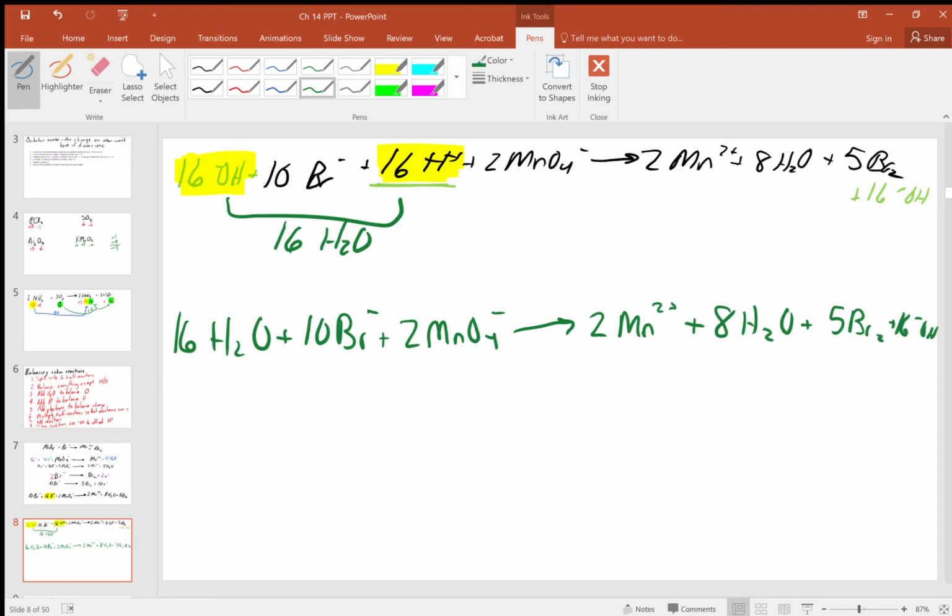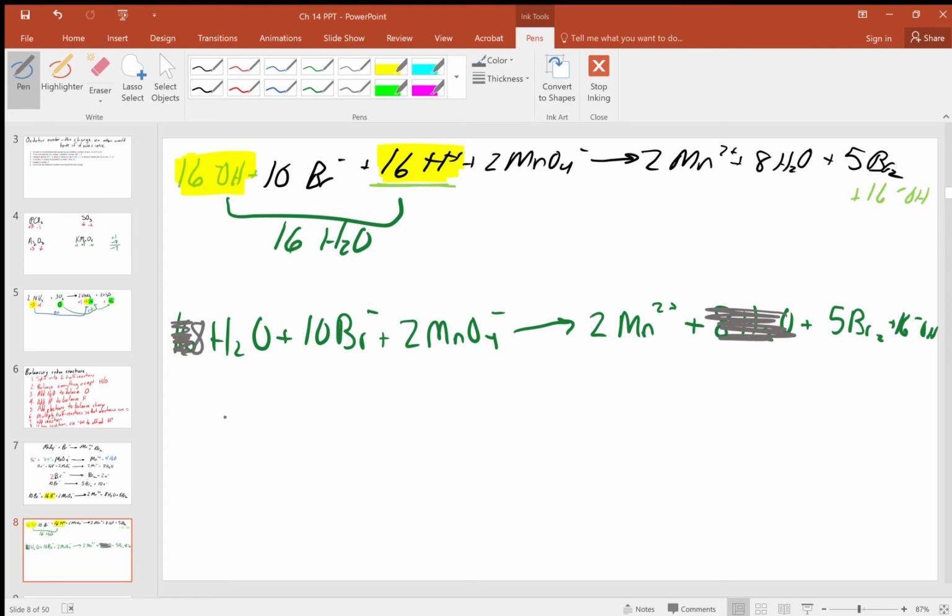But notice now we've got water on both sides. And so what we can do is cancel out as many as we can. So these 8 will go away, and that'll take away 8 on this side and give us 8 here.